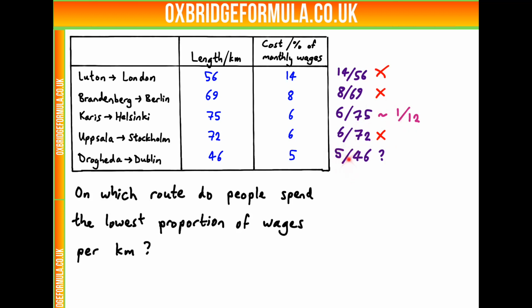And 5 over 46 is near enough to 5 over 45, which would be a 9th. We know a 12th is smaller than a 9th, and therefore, with this reasonable approximation, we can get rid of this one. So our answer is Karis to Helsinki, with the lowest proportion of wages per kilometre. This corresponds to an answer of C.